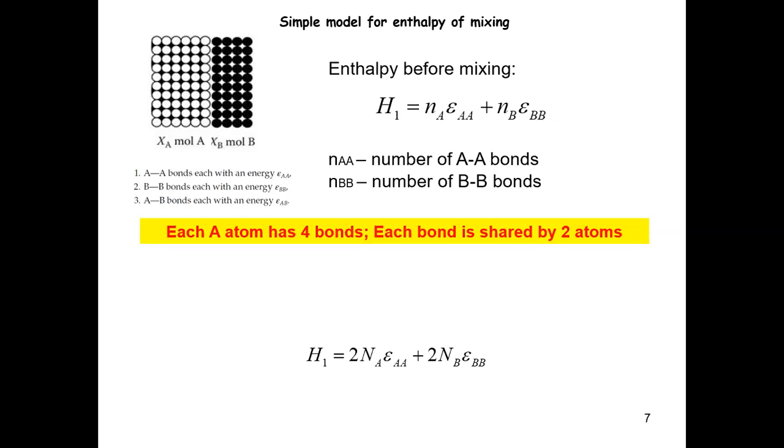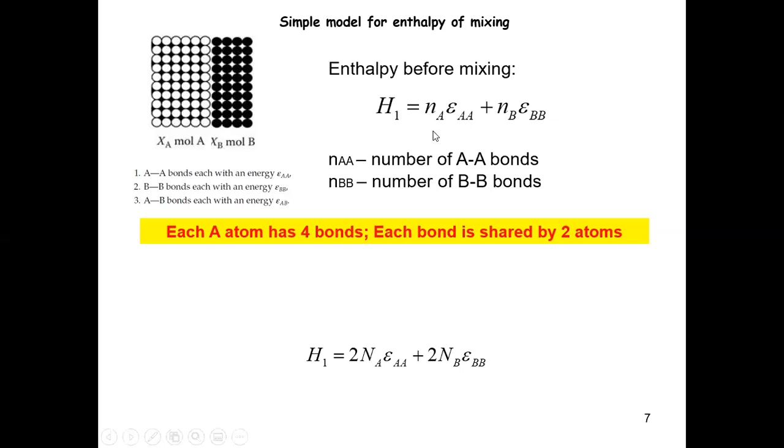If you mix these two, the number of AA, BB bonds is all going to change. So that's not something intrinsic to the system. So we want to do some further thinking to write down the enthalpy of this demixing state in terms of more intrinsic properties of the system, such as the number of A atoms and the number of B atoms, which are not changed before and after mixing.